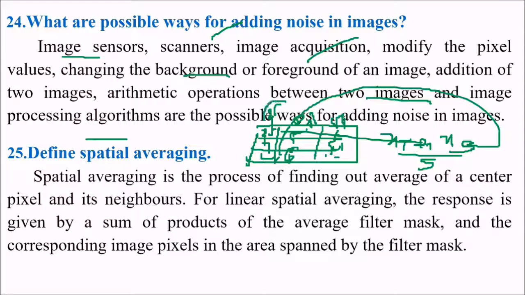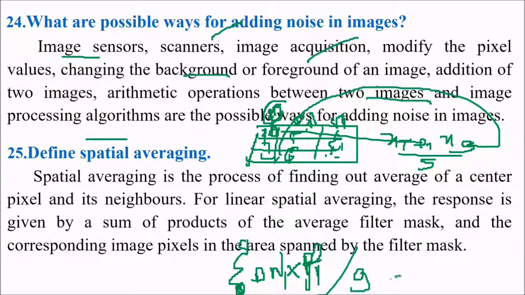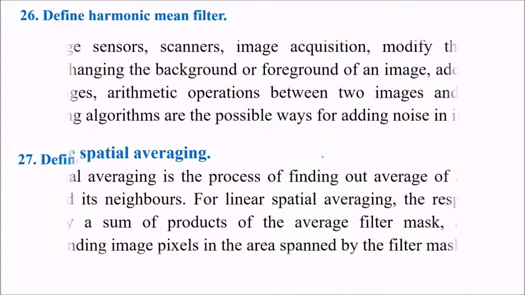So I will multiply this filter value with the digital number present here, that is the pixel P1 and the filter F1. So digital number 1 times filter 1, and we multiply all these and sum from 0 to 8, because there are 9 values. Whatever value comes, we divide it by 9, and this will be our spatial averaging.